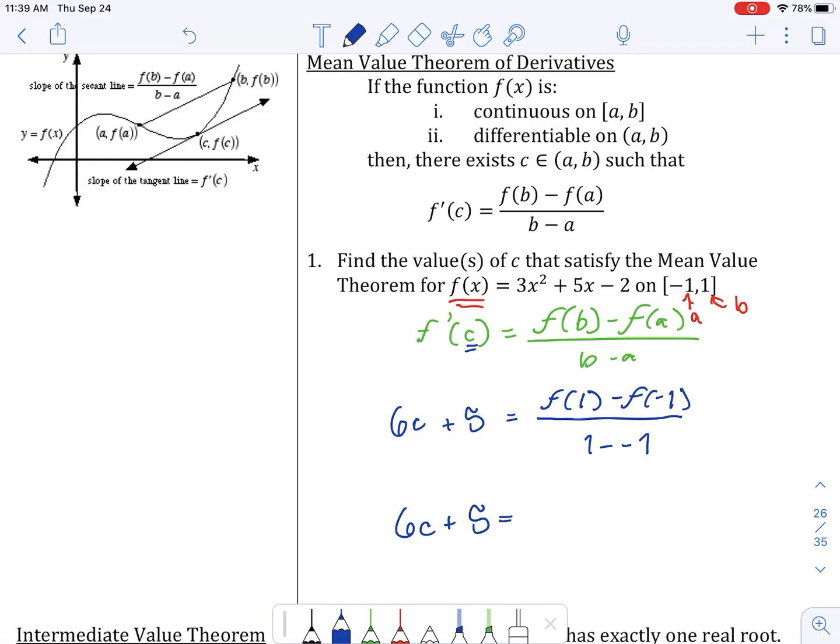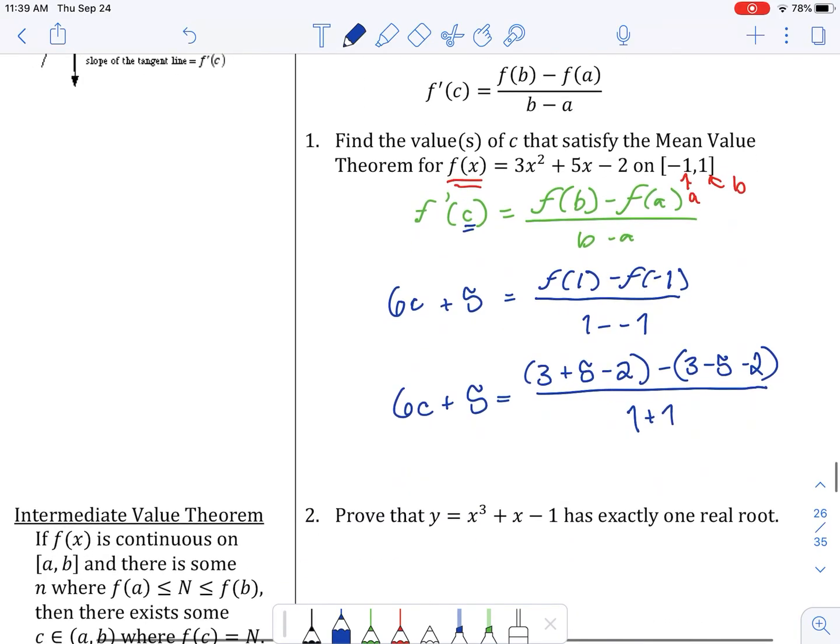So then we get 6c plus 5 is equal to 3 times 1 plus 5 times 1 minus 2 minus 3 times 1 plus 5 times negative 1. So that's minus 5 minus 2 all over 1 plus 1.